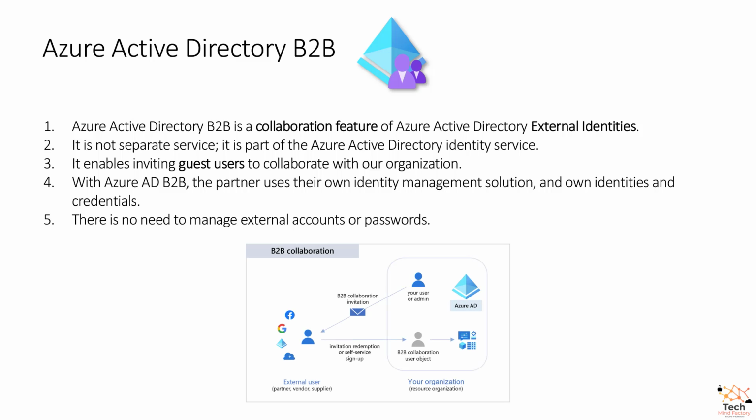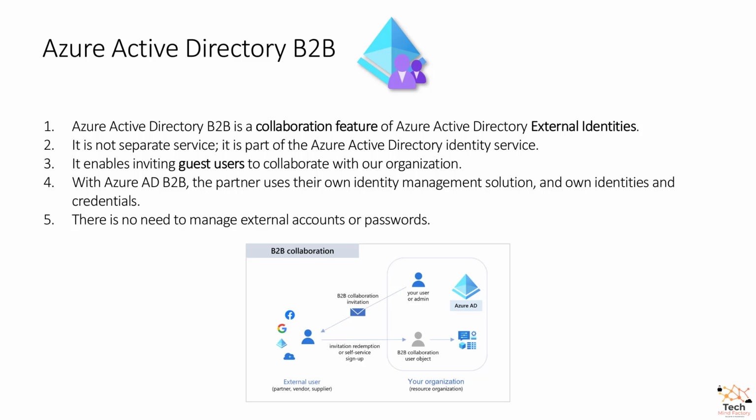So in this case, let's stop for a minute. You can try to imagine that your organization owns Azure Active Directory. You have multiple corporate applications there, and you would like to invite external partners to have access to different kinds of applications and resources.